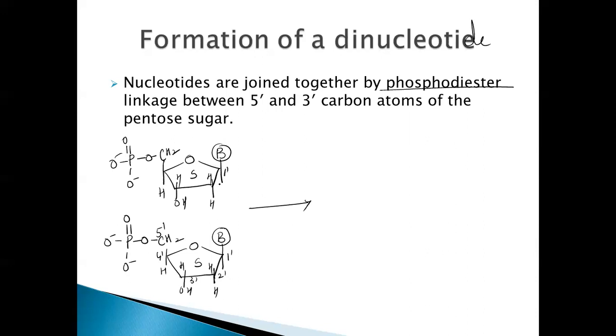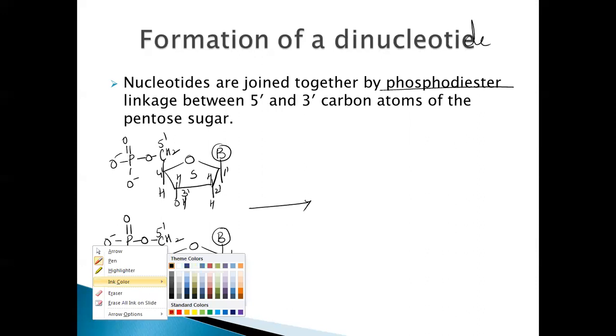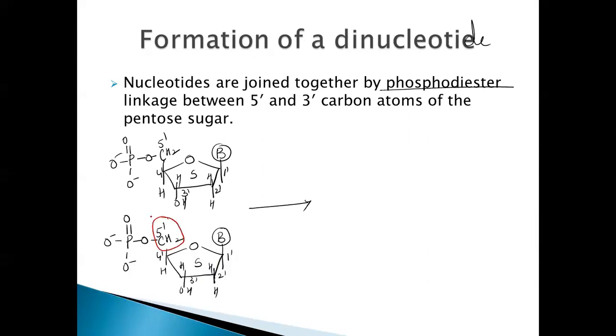So here also 1', 2', this is another nucleotide, 4' and 5'. So the 5' of this is linked to the 3' of the next nucleotide. So where is the linking occurring? I'll show you. So this carbon atom is linked to the third carbon atom with the help of this phosphate group. So that is why it is a phosphodiester linkage.